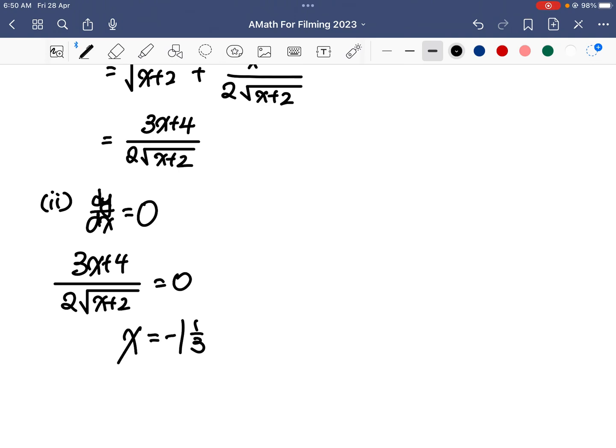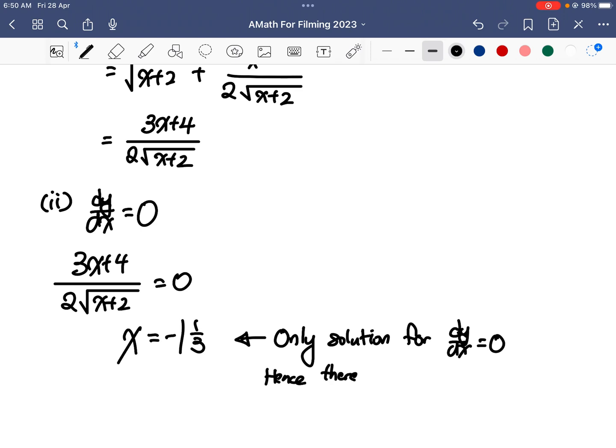Notice that when I solve, there's only one value of x. So this is clearly the only solution for dy/dx equals 0. Hence, there is only one solution.